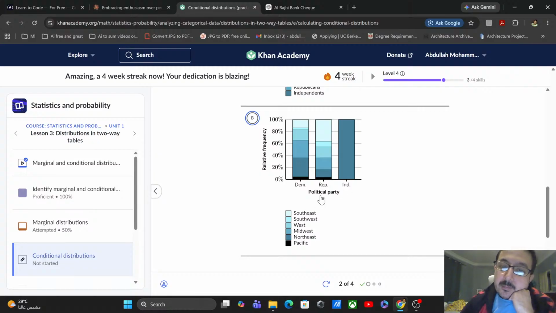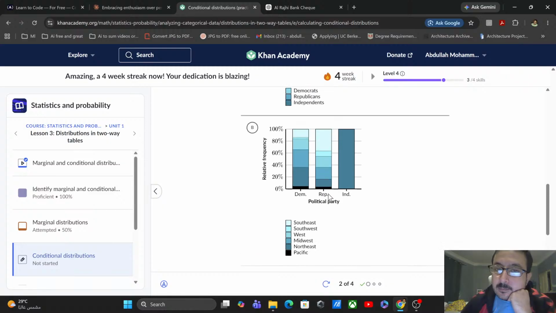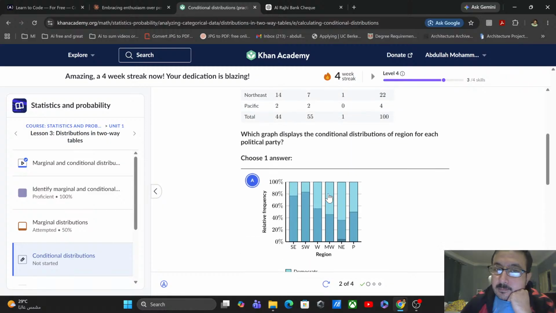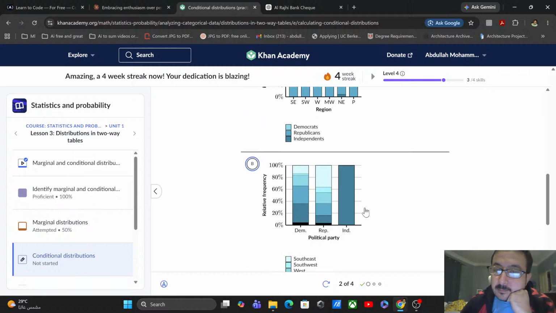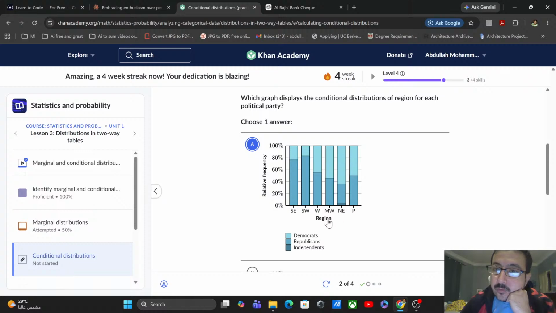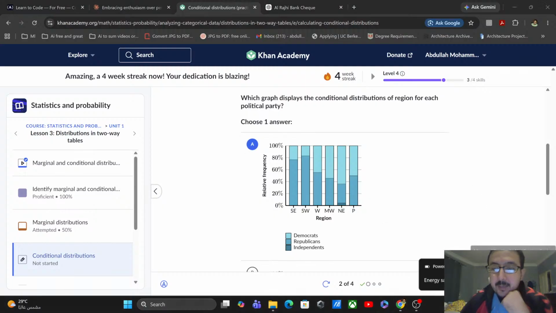Political party. Choose one answer. Of region for each political party. To me, it's the same.